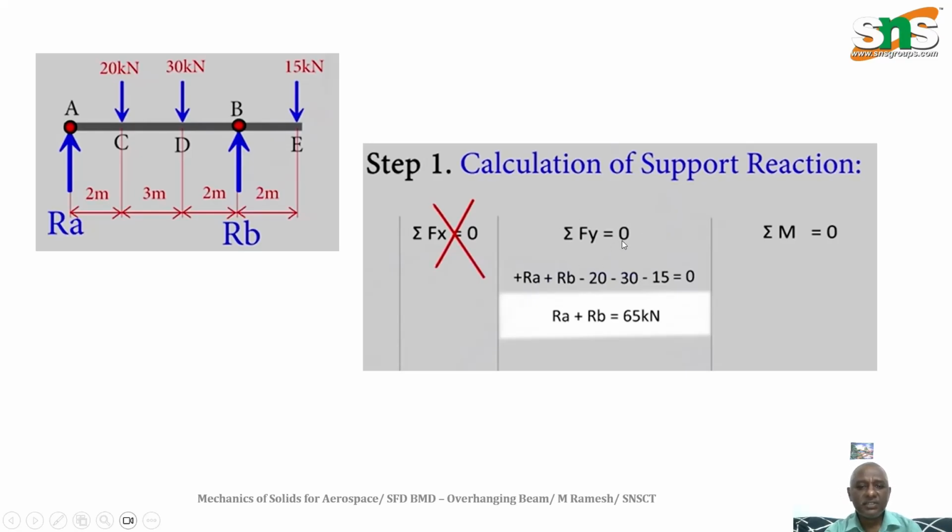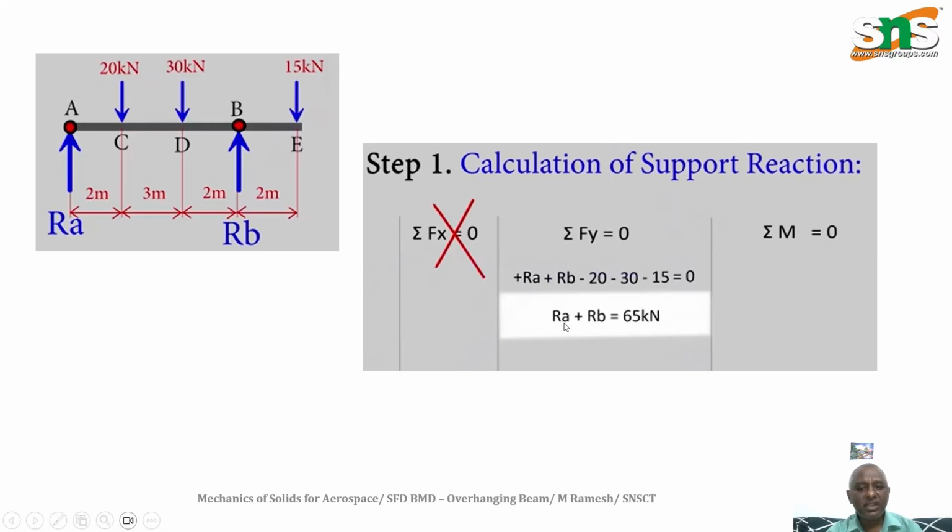Let's take upward forces as positive and downward forces as negative. So RA plus RB minus 20 minus 30 minus 15 is equal to 0. So RA plus RB is equal to 65 kilonewton.